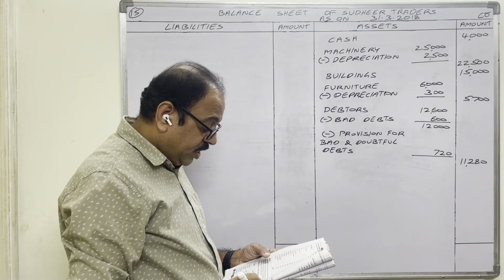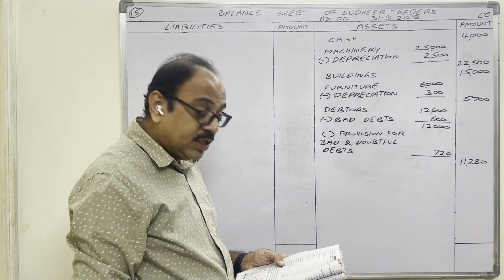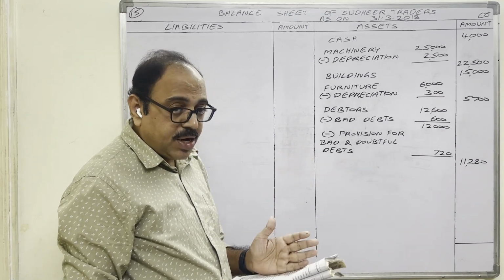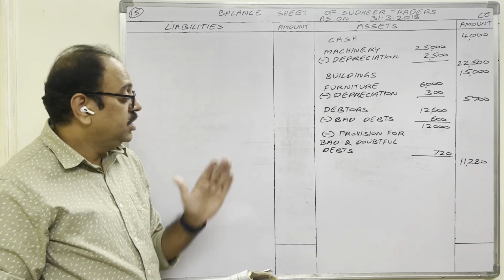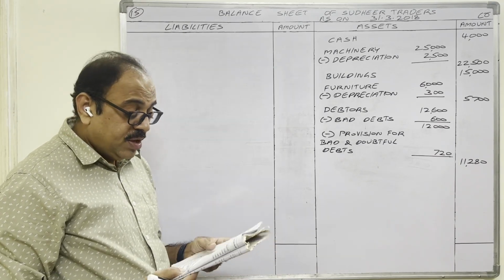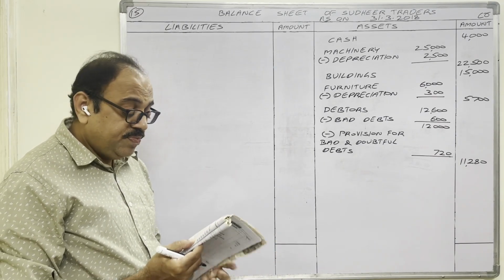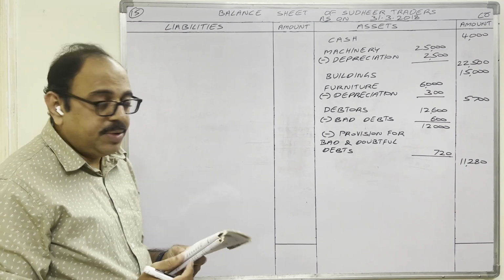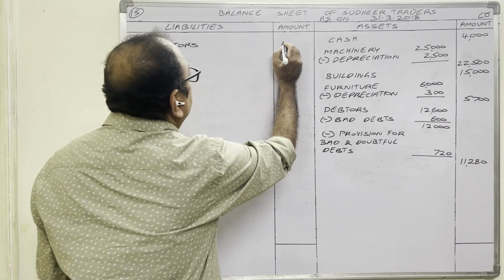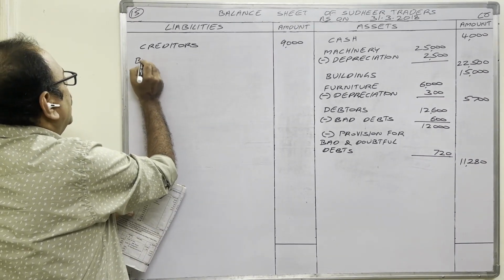Next, general expenses, rent, rates, taxes, drawings. Debit side completed, asset side completed. Come to the credit side of the trial balance. Means here the liability side. Capital at the end will show. Sales, returns, discount, creditors, liability 9,000 rupees. Bank overdraft, liability.